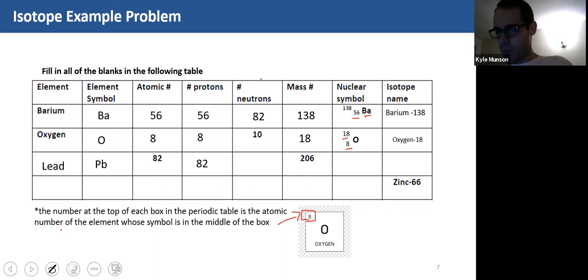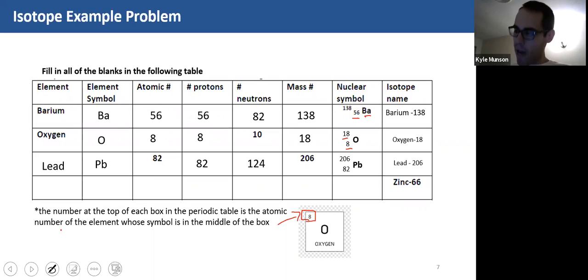Atomic number is the number of protons. Okay? And we're given its mass number here, so we just do a little subtraction, and we can get the number of neutrons. Finally, we can write down its nuclear symbol. Again, protons on the bottom, mass number on the top. Its isotope name is going to be lead 206.